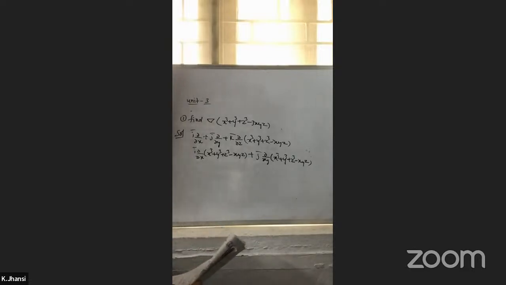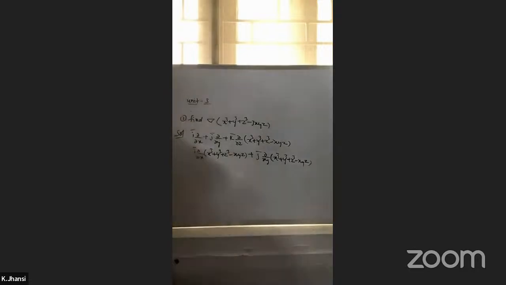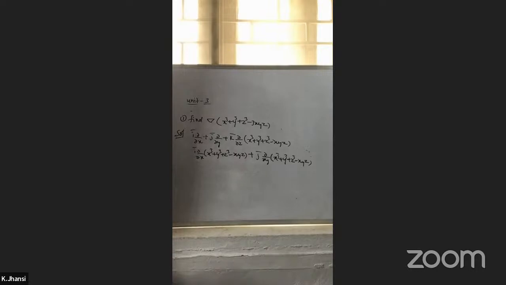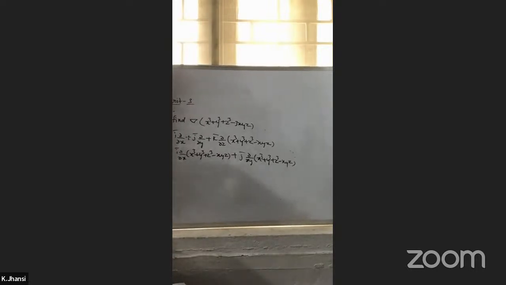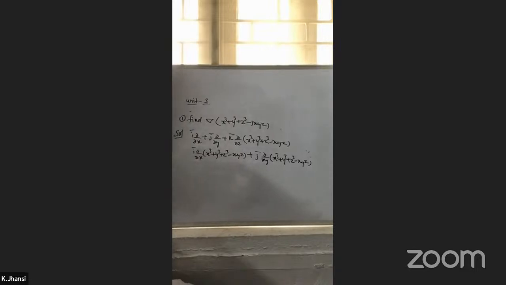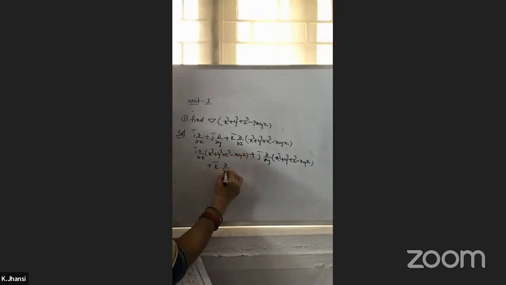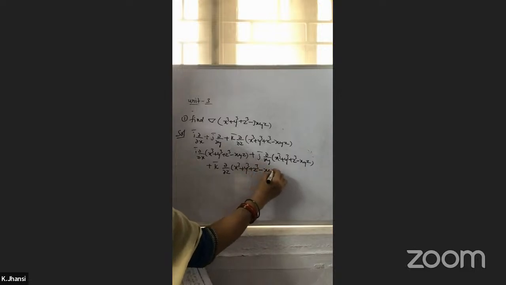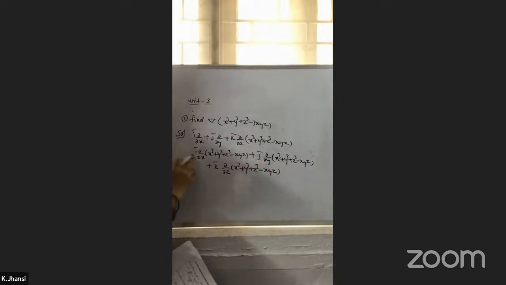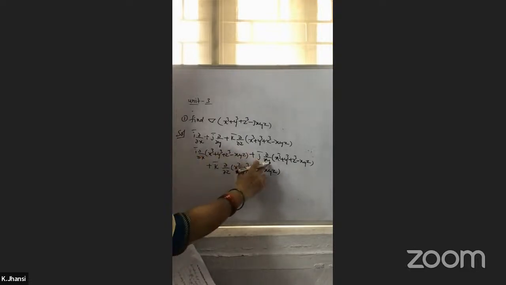And with respect to z also, you have to multiply: plus k dou by dou z of x cube plus y cube plus z cube minus 3xyz.